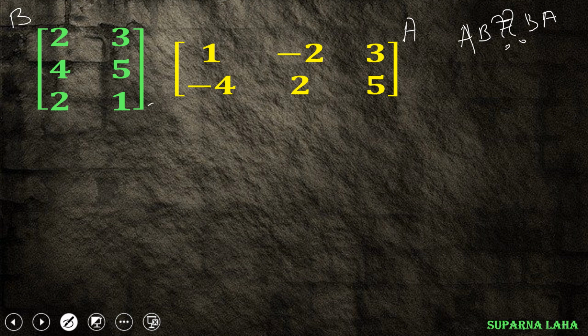This is a 3 by 2 matrix and this is a 2 by 3 matrix. These numbers are equal, that means multiplication is defined, and the order of BA is 3 by 3.